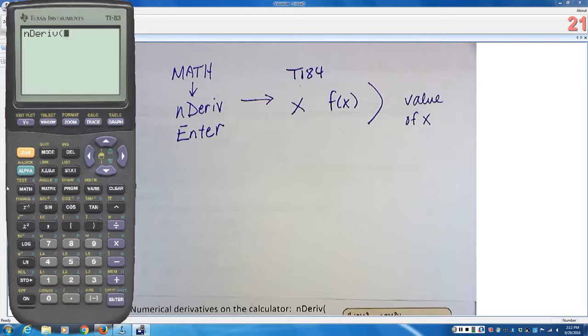The steps for the 83, like I said, are a little bit different. You have to give it first the function. And you can put the function in by actually typing the function. 6x to the third plus 15x squared.